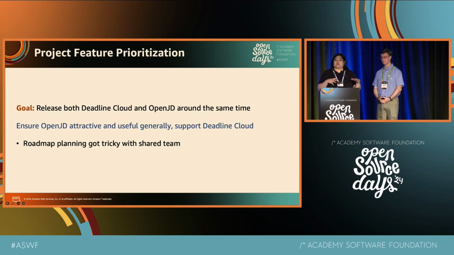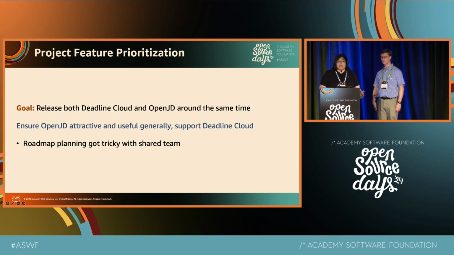Really, part of making sure the rubber meets the road, so to speak, is that we were building Open Job Description and Deadline Cloud to release around the same time, which made the roadmap planning for both a little bit tricky. It was imperative that Open Job Description remain useful and worth implementing outside of Deadline Cloud, as Daniel just mentioned.